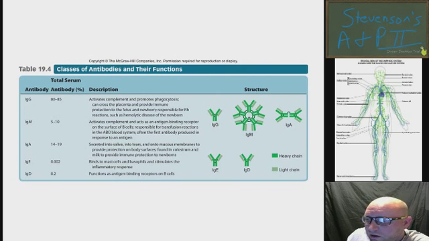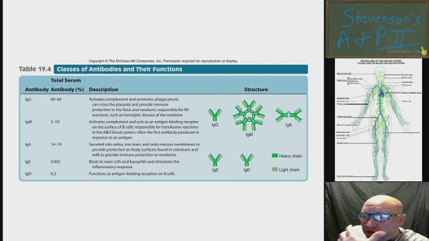A couple of classes of antibodies and their functions. The most prevalent antibody is IgG. IgG is going to be the answer to most questions about antibodies, because it's the most prevalent in most cases. It activates the complement and promotes phagocytosis, or cell eating, where it eats the bacterial cells that have invaded.